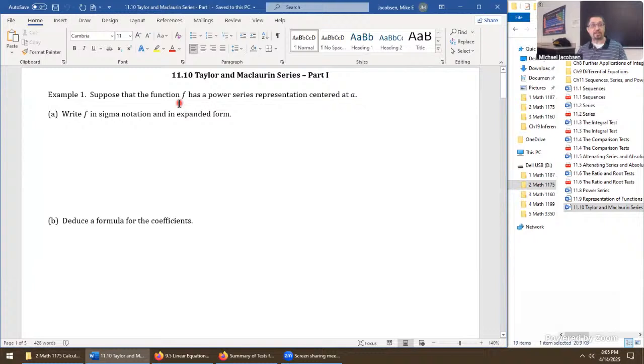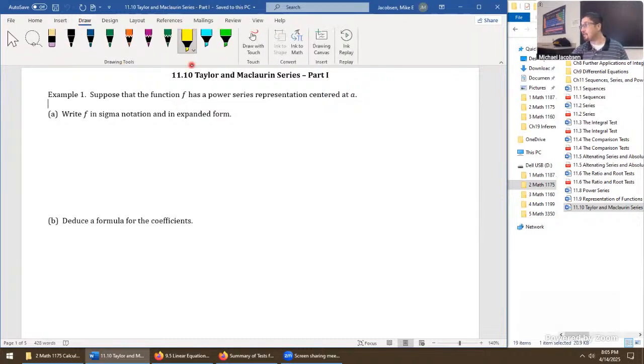So we're breaking up this section into two parts because it is a pretty big section, but really it's not as bad as you might think. It's all about just carefully tracking the definitions. And the very first definition we have to carefully track is this power series representation. We know exactly what that is. We're really looking into a Maclaurin series in the right sense. So let's assume f has a power series representation centered at a.